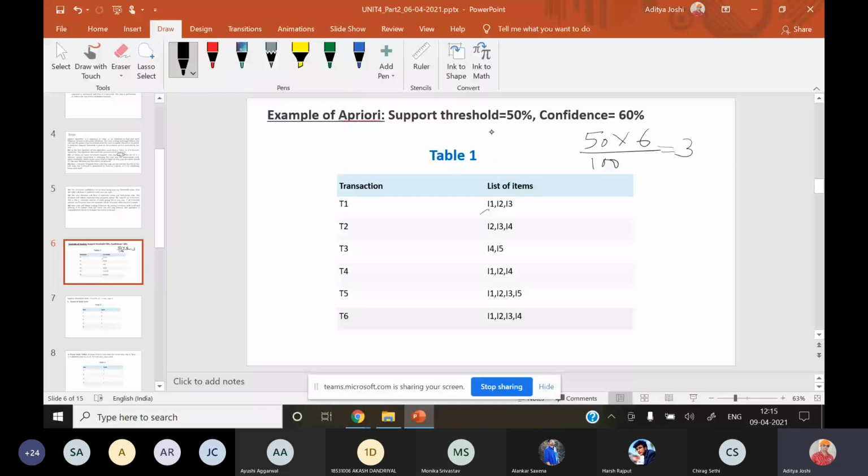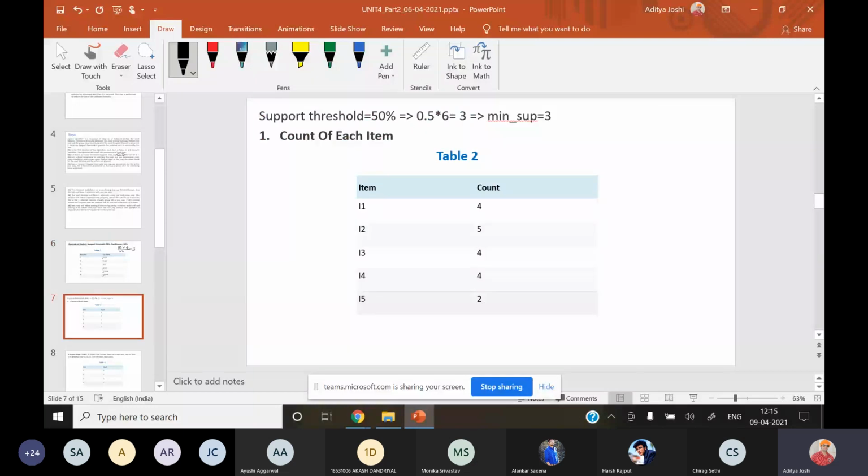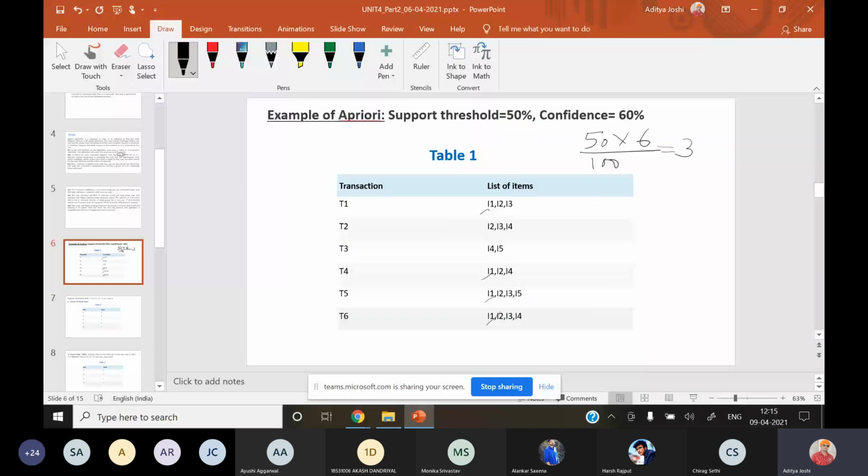So 4 times. So you will write in the second table the count of each item: I1 appears 4 times in the database or in the transactions, right? The same applies for I2, I3, I4, and I5. I2 appears 5 times, 1, 2, 3, 4, and 5, right? So make that table by counting each item.